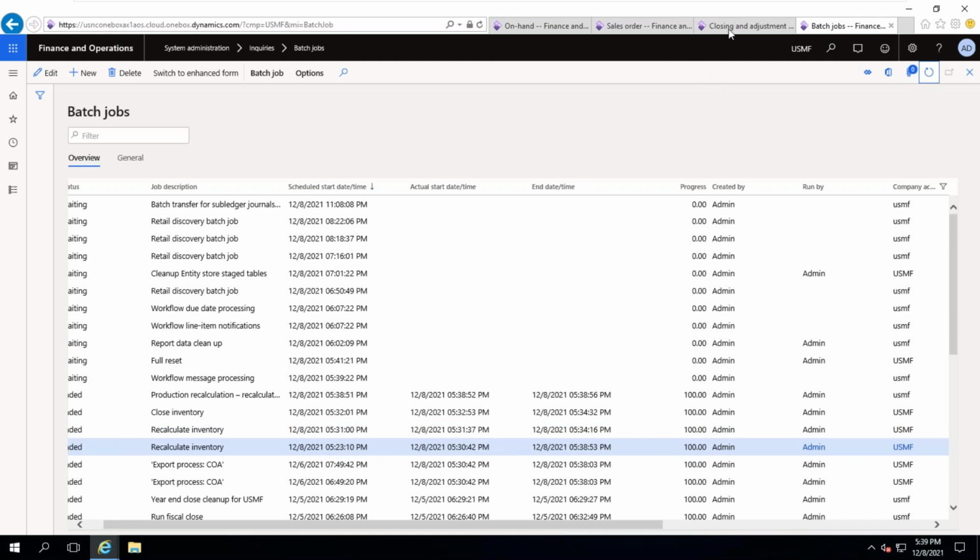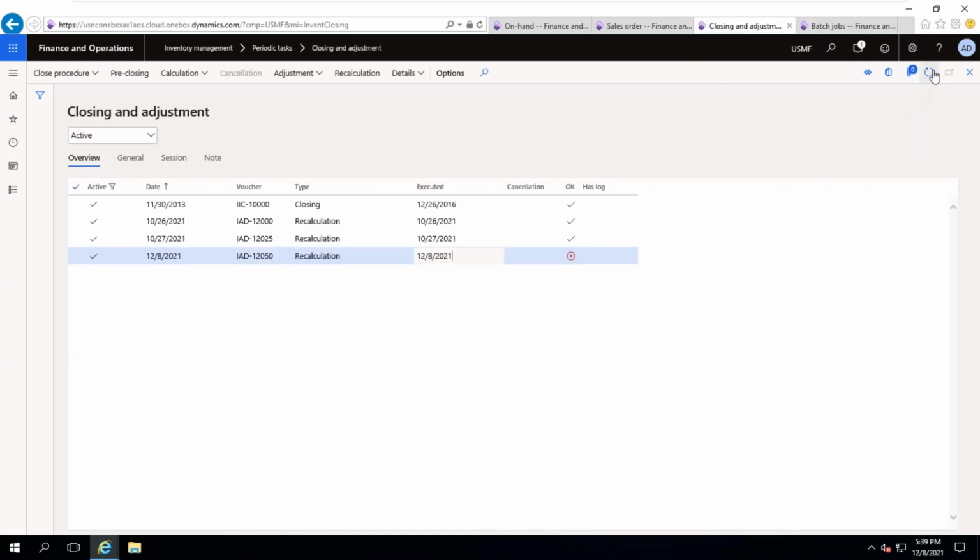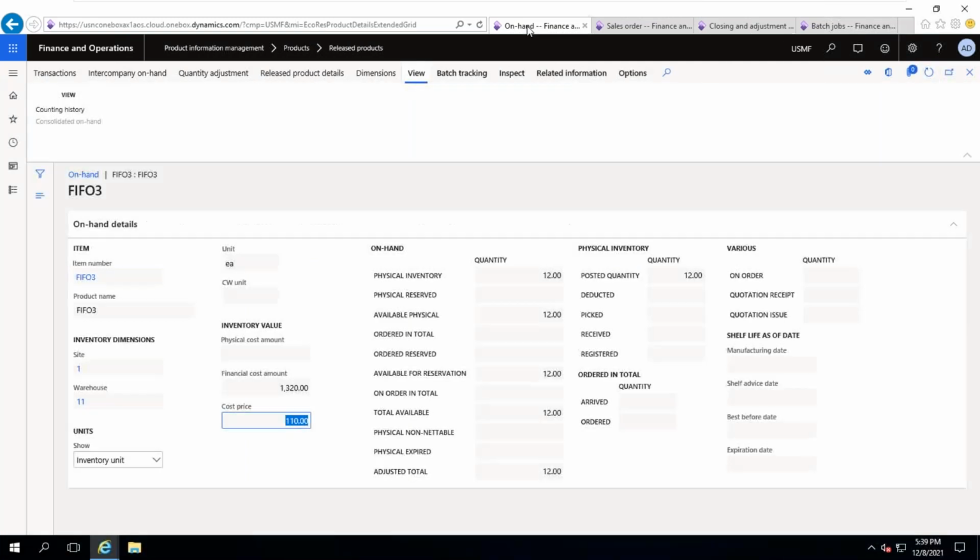Now if you verify closing and adjustment, if you refresh, this will become a tick mark. Now if you go to on-hand inventory and refresh, whatever we are expecting will come here: 1400, 116.67. So what are the entries?